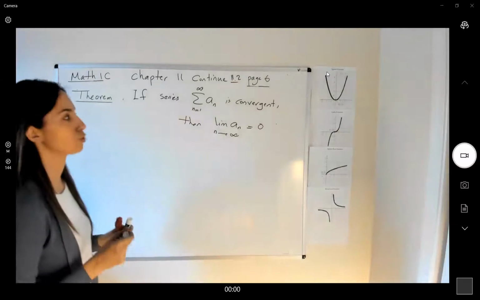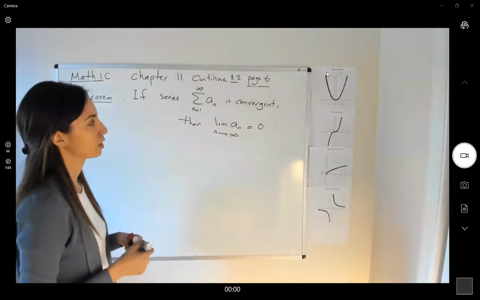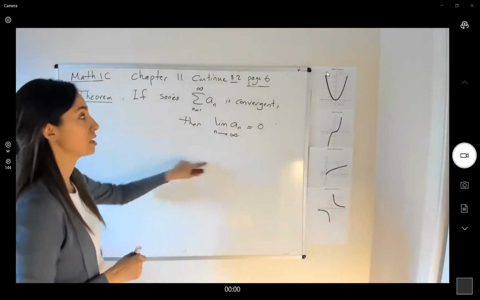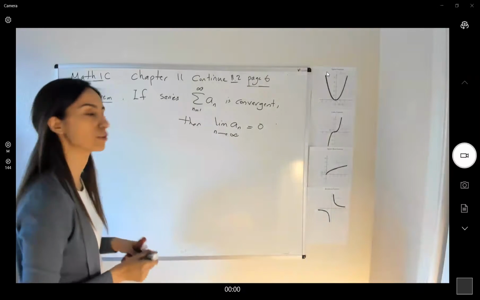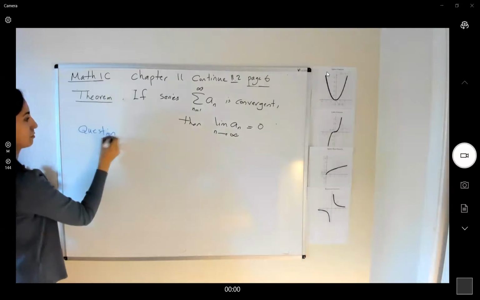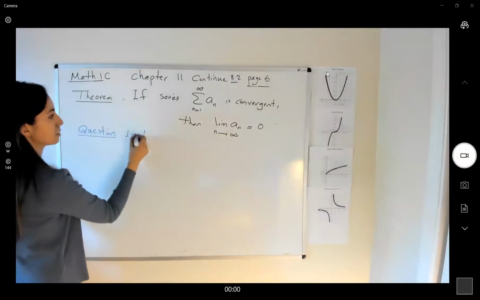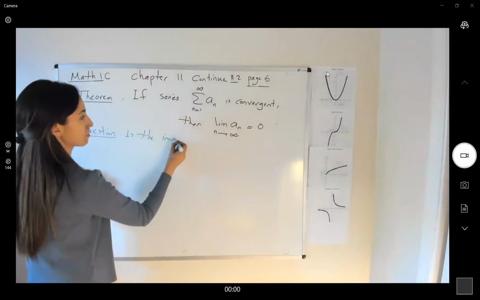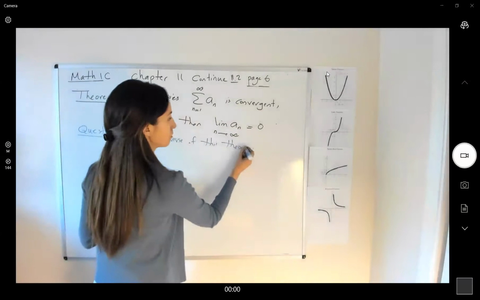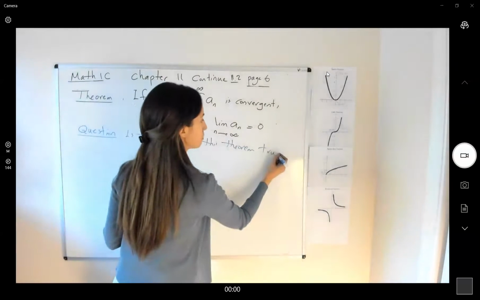So I expect you to ask, if the limit of the general term is equal to 0, can I conclude the series is convergent? Question: is the inverse of this theorem true?